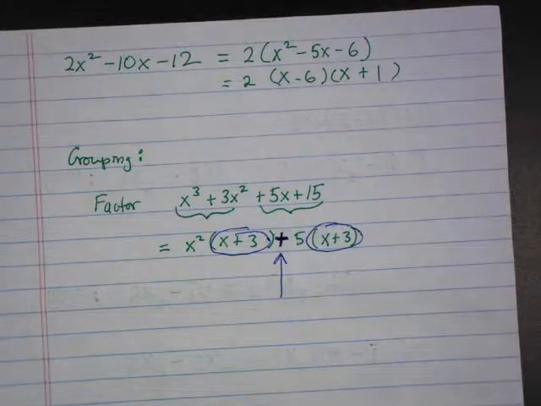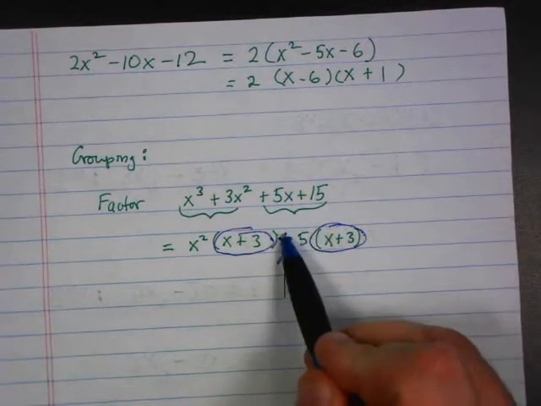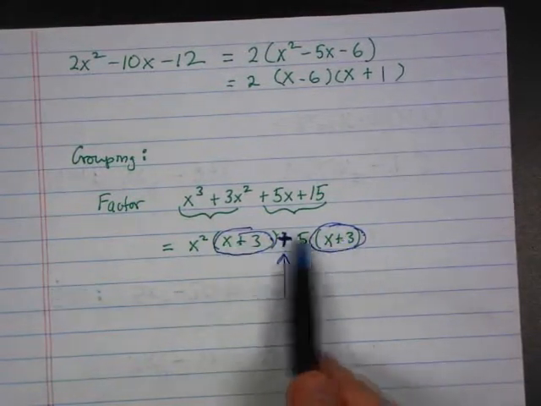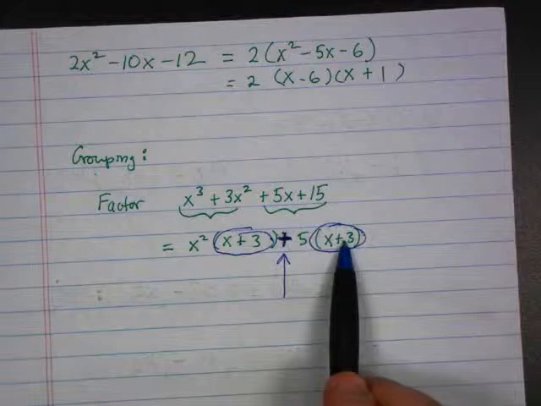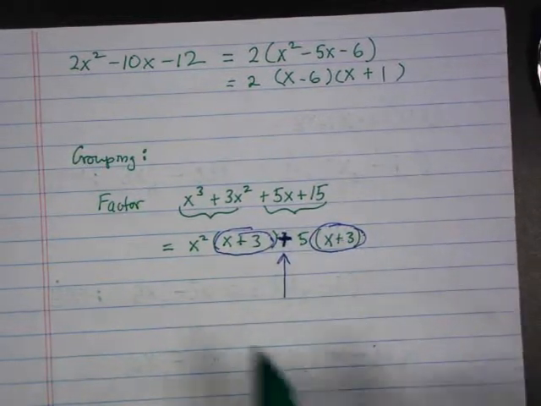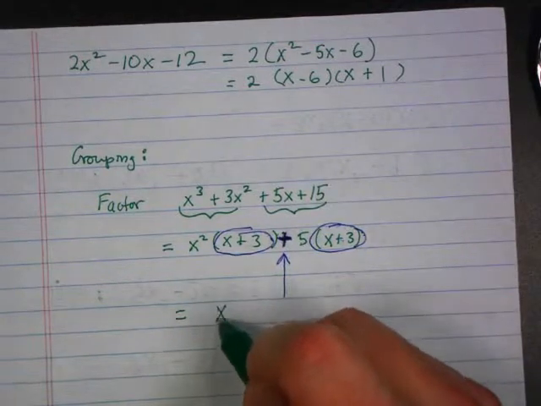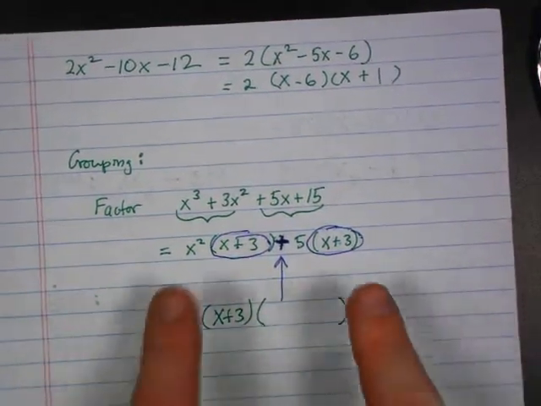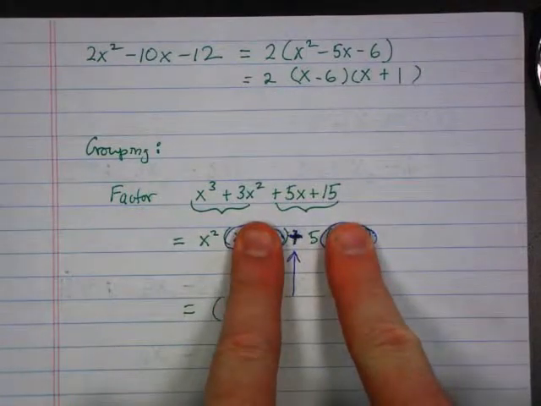So, the point is, if I look at this plus sign, the left-hand side and the right-hand side have something in common. In other words, this is our common thing. So I write that x plus 3 first, and when I take the x plus 3's away, what's left over?